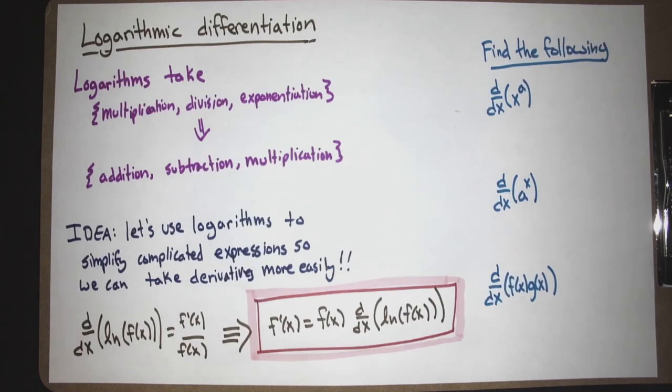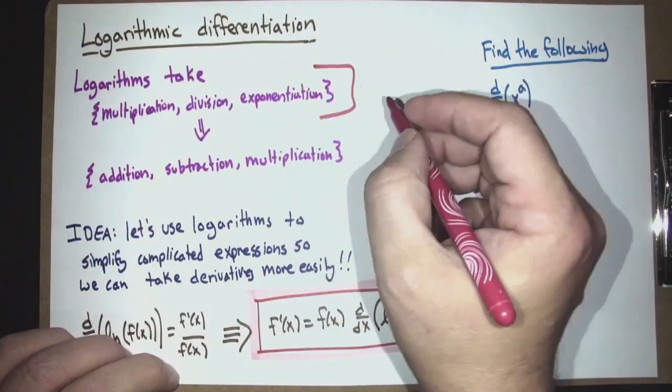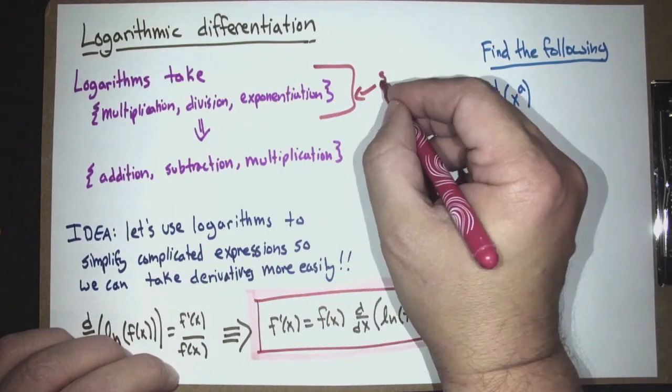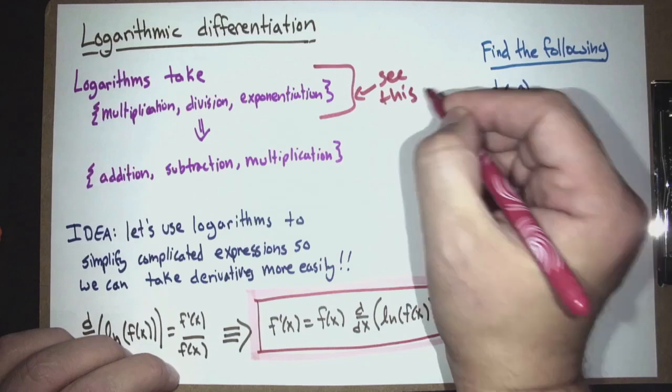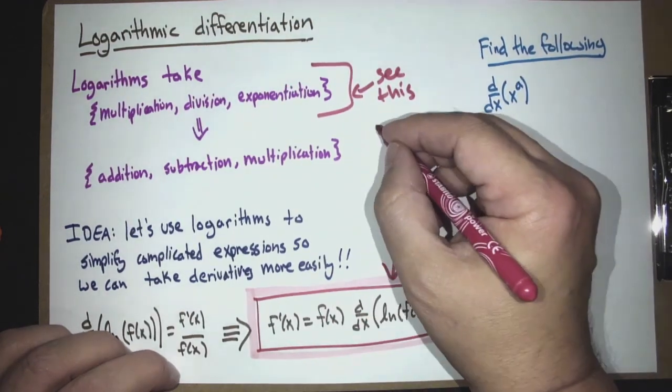And that's logarithmic differentiation in a formula. That's it. That's all logarithmic differentiation is. Nothing more, nothing less. Now, when do you use it? Well, if you see this, in other words, lots of multiplication, division, exponentiation, then you use this.